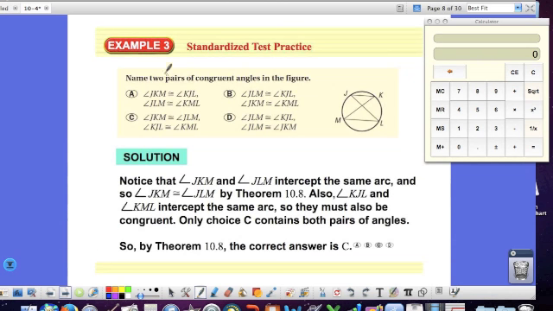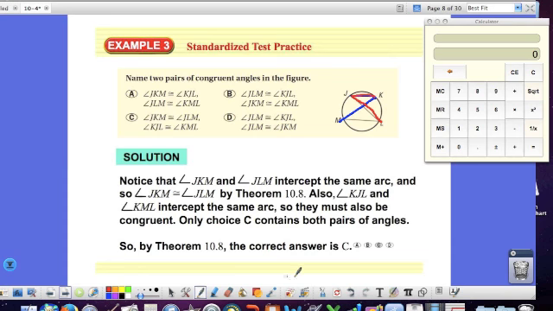We're going to use this in a standardized test practice. Name the two pairs of congruent angles in the figure. So let's look at this. Angle JKM and angle KJL do not intercept the same arc.